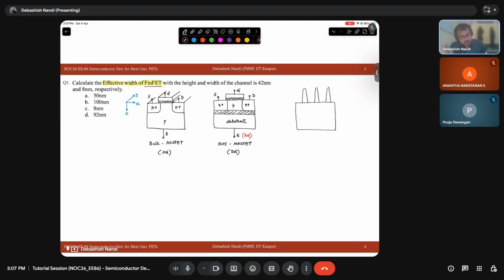Think that the structure is in this way.